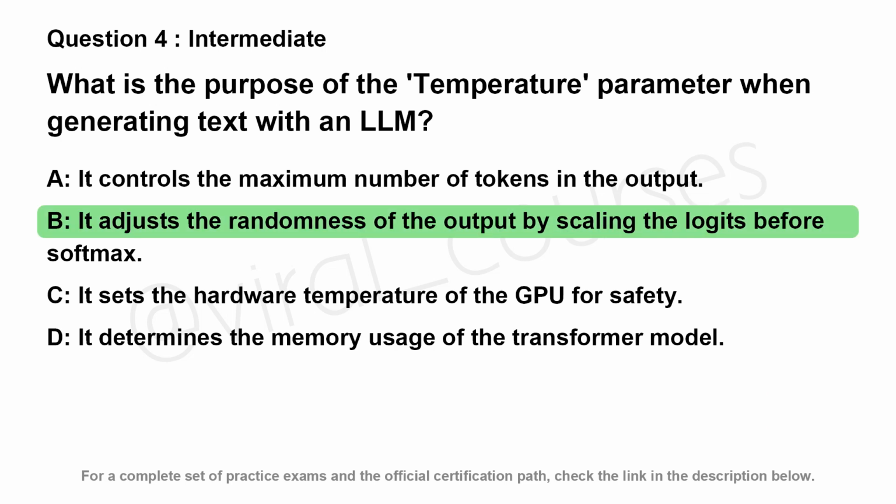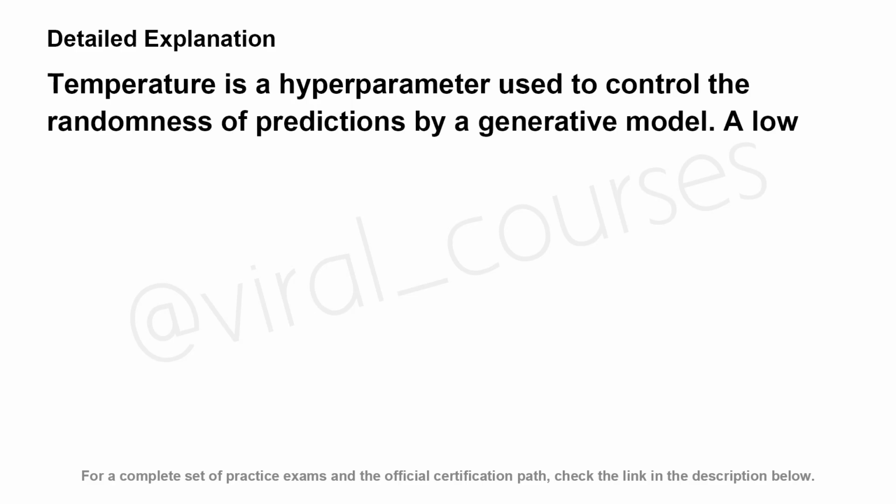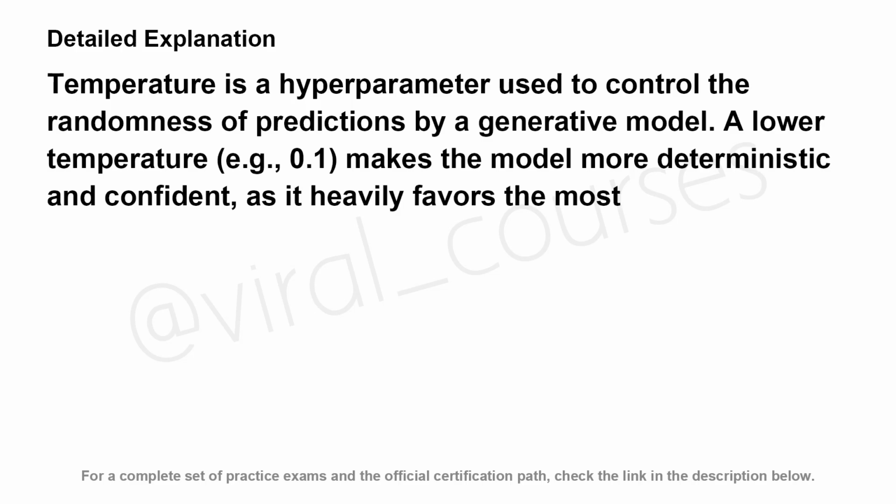The correct answer is B. Temperature is a hyperparameter used to control the randomness of predictions by a generative model. A lower temperature, e.g., 0.1, makes the model more deterministic and confident, as it heavily favors the most likely next token.